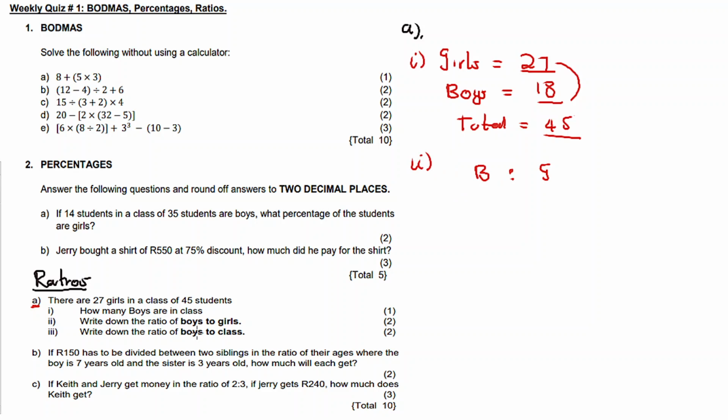The ratio should be boys to girls. The two between the boys and girls is the colon, right? So B stands for boys and G stands for girls. It's boys to girls. How many boys are in the classroom? There's 18. How many girls are there in the classroom? There's 27. So this is your ratio.